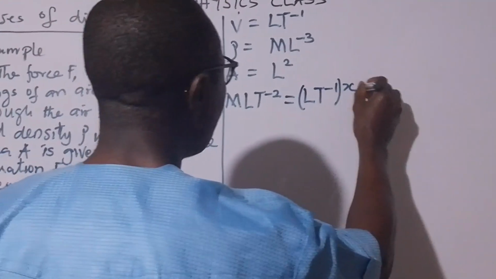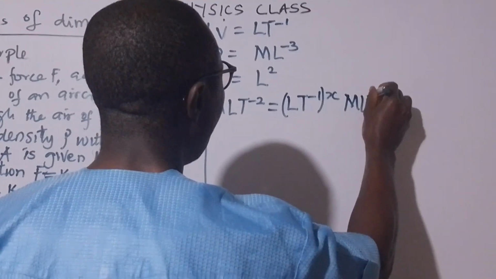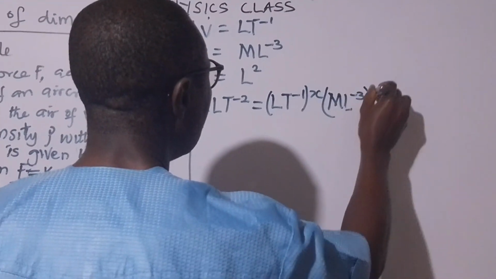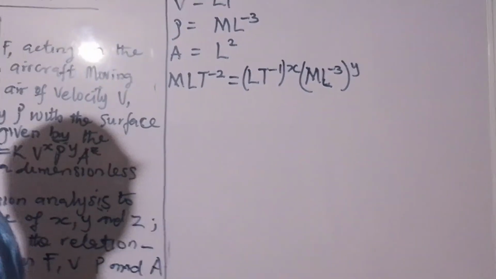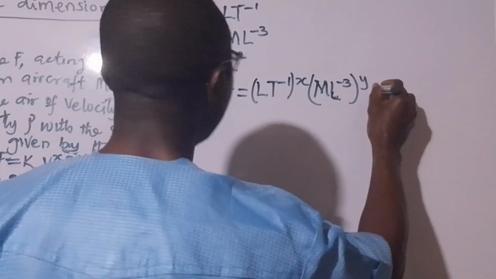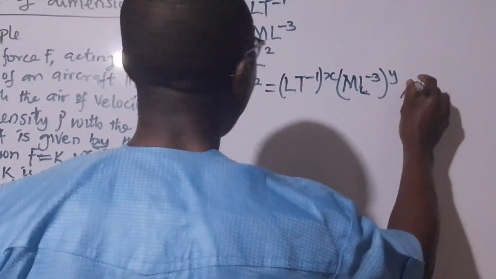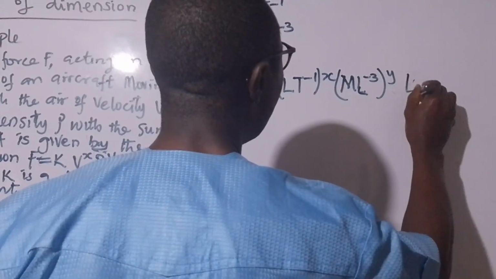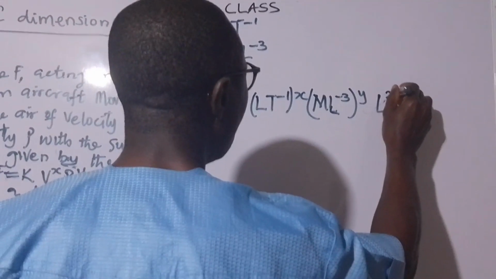That will be M L raised to power minus 3, this one raised to power y, and the last one, which is area, that will be L raised to power 2z.